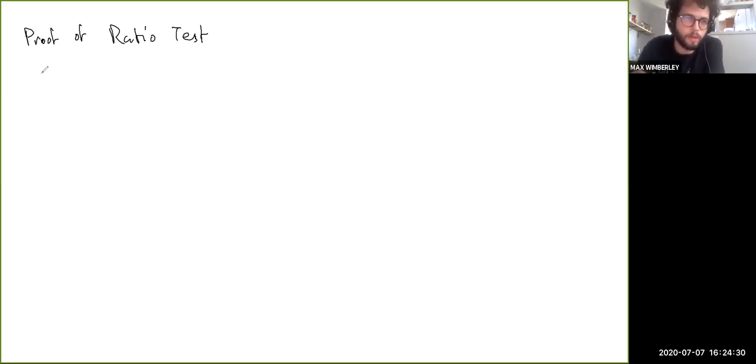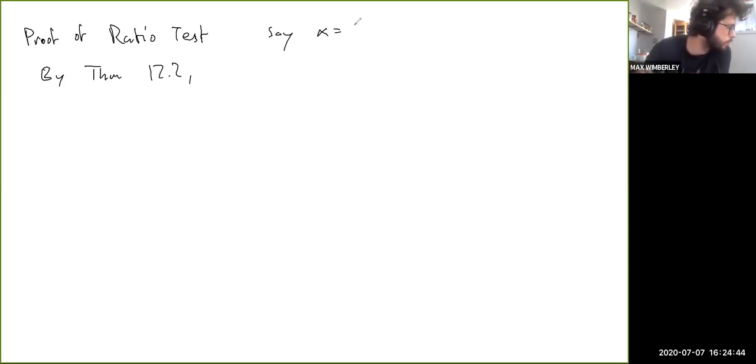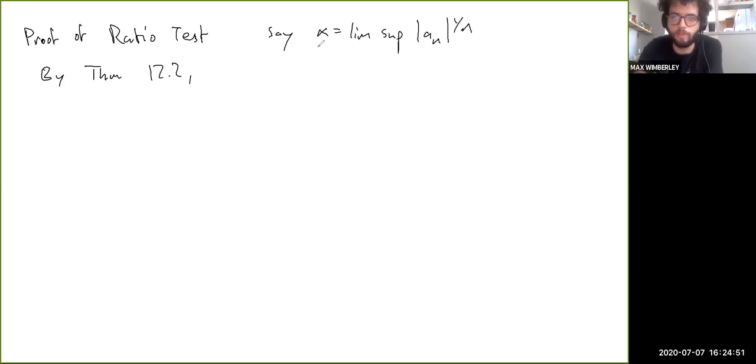By theorem 12.2, no matter what happens, we have, saying alpha is the lim sup of a_n to the 1 over n. We're actually going to prove the ratio test using the root test, which tells you that in some sense, the root test is more powerful than the ratio test. I'll explain what I mean by that after I prove this.